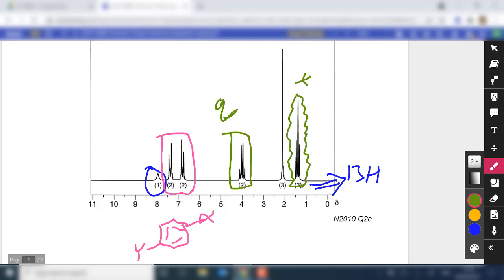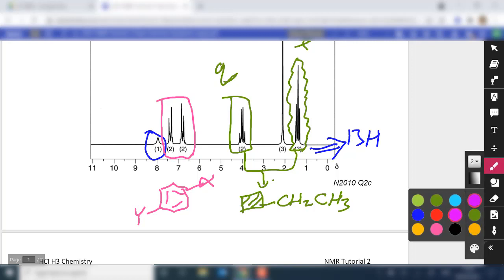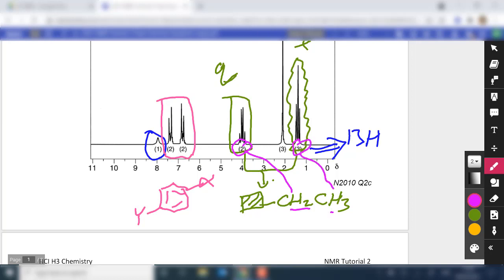This allows us to combine these two, and maybe this can give us some clue to what they are. It's likely to be a CH2CH3 next to a highly electronegative element. Having an integration ratio of 2 here corresponds to the CH2, and an integration ratio of 3 here corresponds to the CH3.